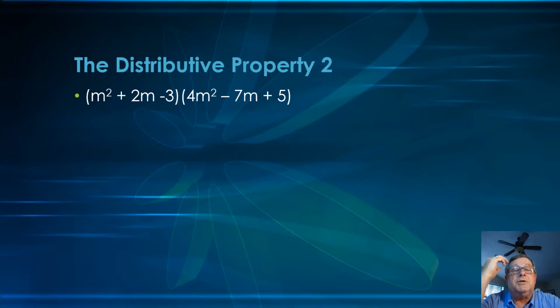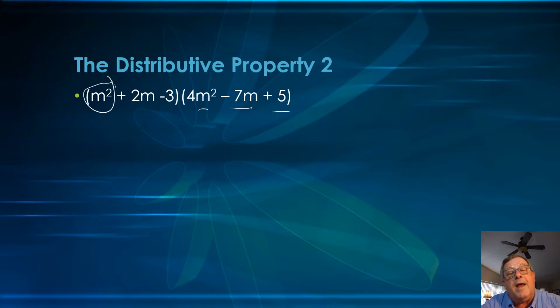I've got m squared plus 2m minus 3 times 4m squared minus 7m plus 5. And so I'm going to take this m squared and multiply it to all three of these terms. And then I'm going to multiply the 2m times all three of the terms in the second trinomial, and then finish it off with the negative 3.